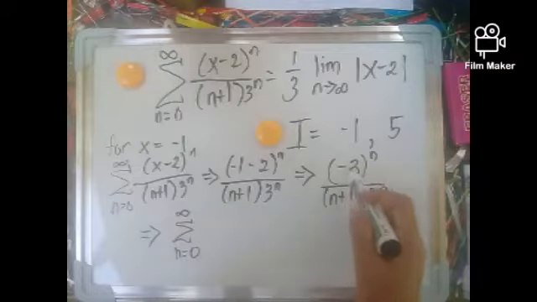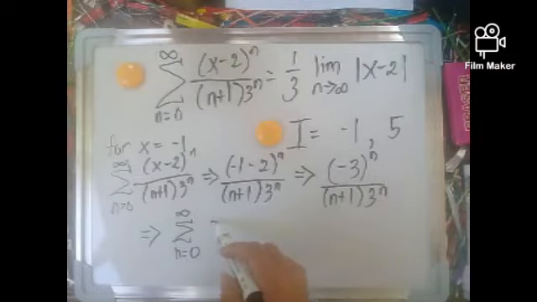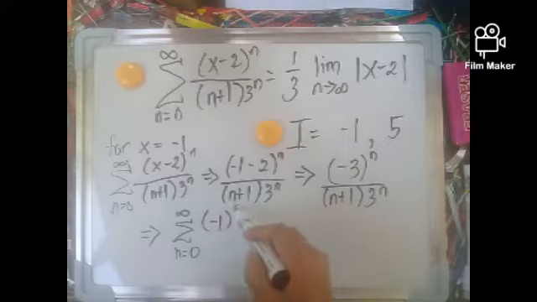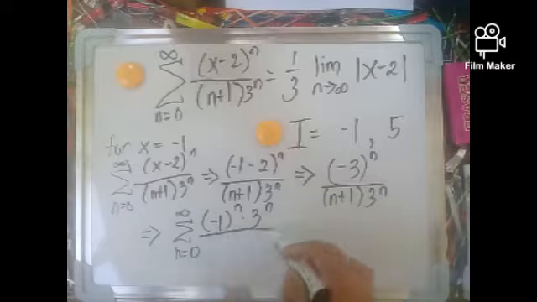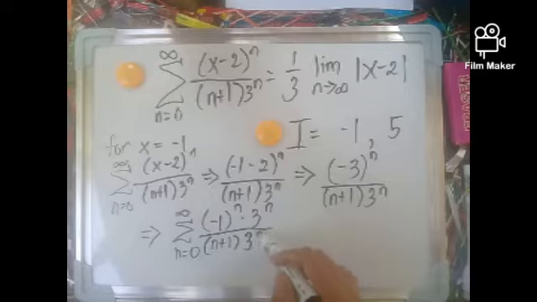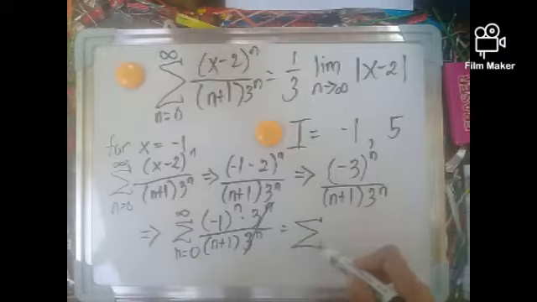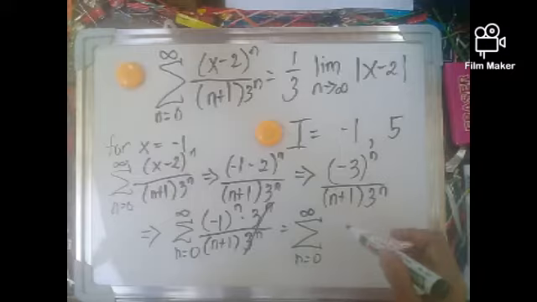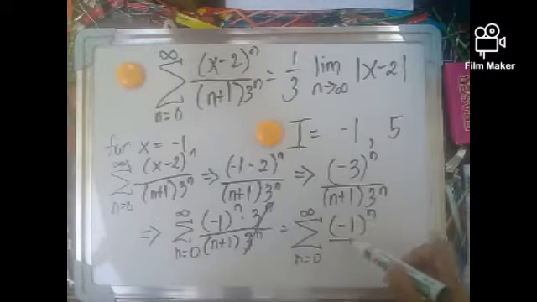This will become negative 1 raised to n and 3 raised to n over n plus 1 times the 3 raised to n. So canceling the 3 raised to n, we have as n is equal to 0 to infinity, negative 1 raised to n over n plus 1.